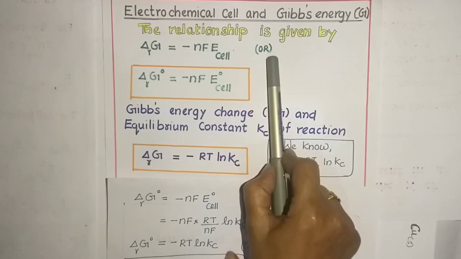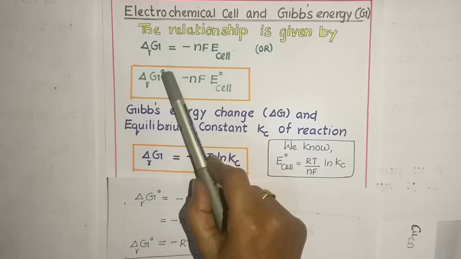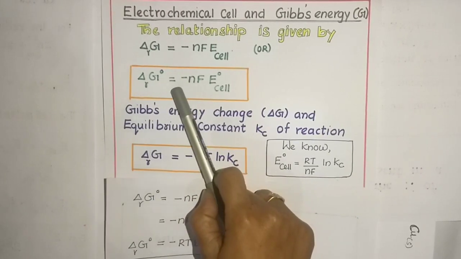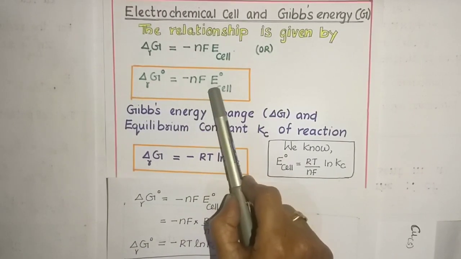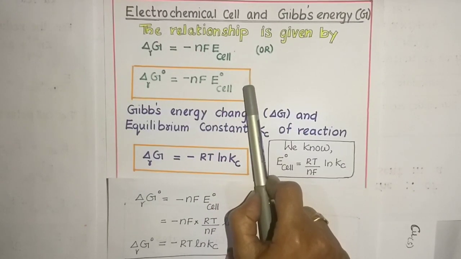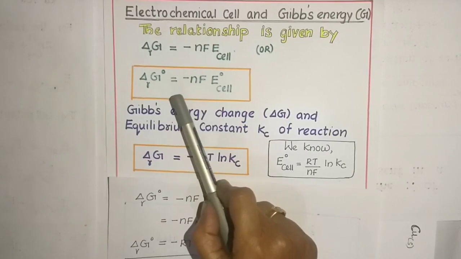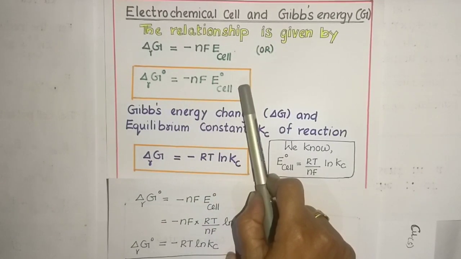Or under standard condition, the Gibbs energy change of the reaction is equal to minus nF E0 cell. So this is an important equation for the board exam to calculate the standard Gibbs energy change of the reaction.